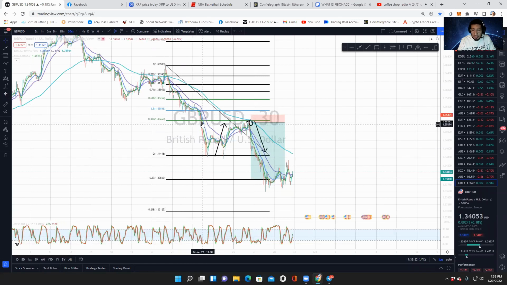Did it not? And then from there you can take the decision on where you want to pull back, where you want to trade, and you can also use these fib levels to identify your take profit.